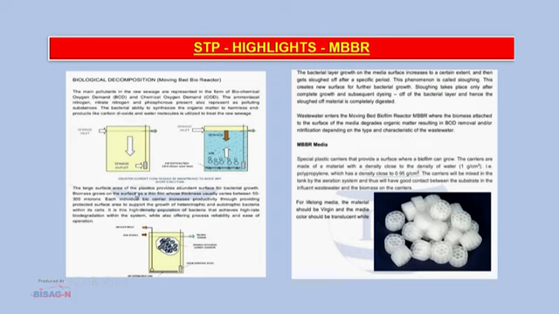The large surface area of the plastic provides abundant surface for bacterial growth. Biomass grows on the surface as a thin film whose thickness usually varies between 30 to 50 micron.